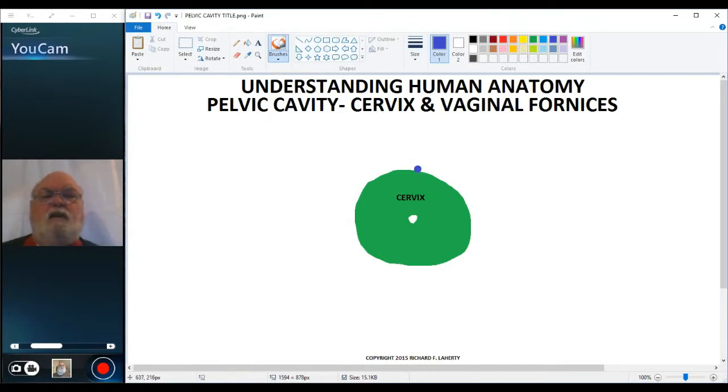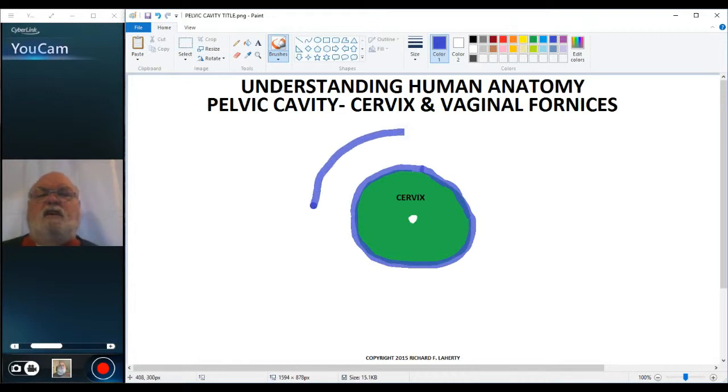And there will be vagina that is directly applied to the cervix. Here. Like so. And then the vagina away from the cervix.